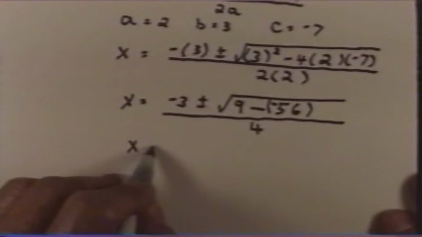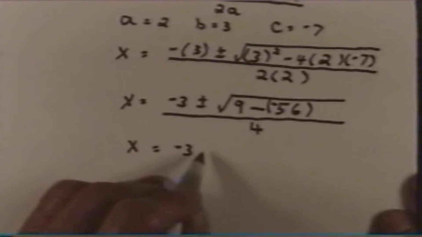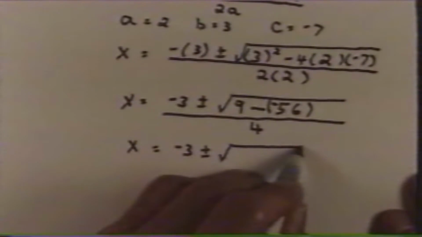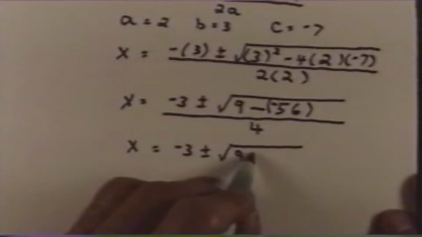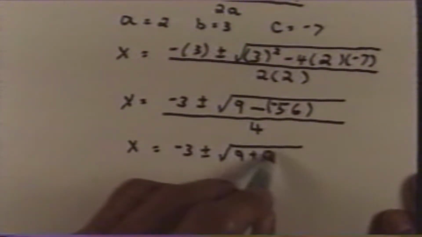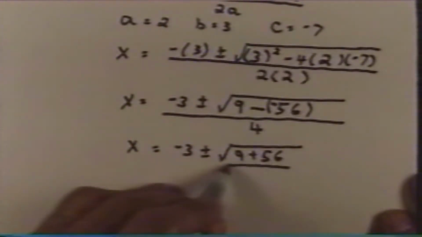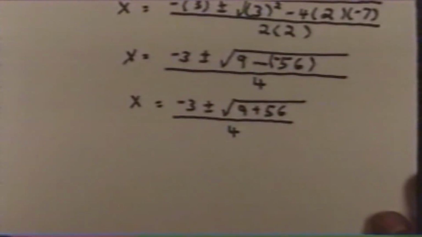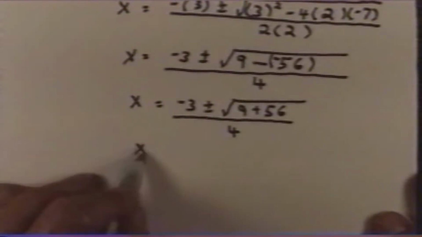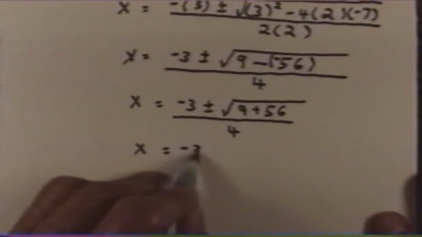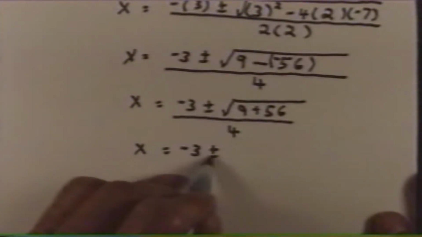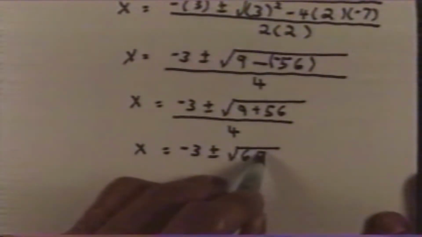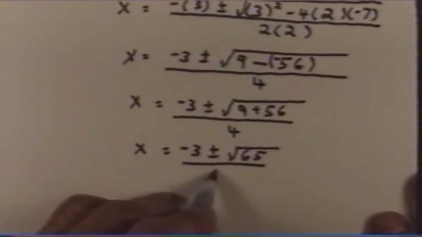So this is going to be x is equal to a negative 3 plus or minus the square root of 9 plus 56 over 4. Where I get x is equal to a negative 3 plus or minus the square root of 65 over 4.